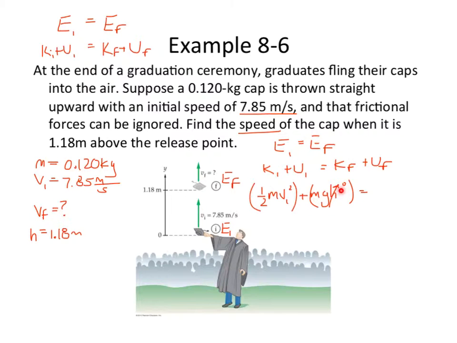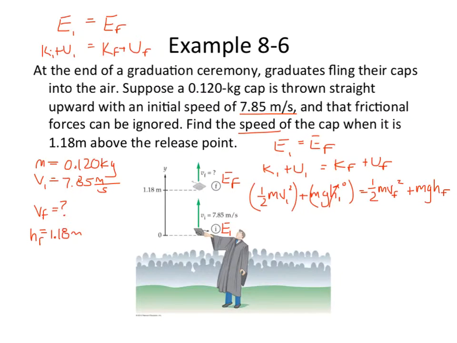Our final kinetic energy is going to be 1/2 mv final squared, which, by the way, we're solving for, plus our potential energy final. That's mg times h. I should really call the earlier one h initial because this is going to be h final.